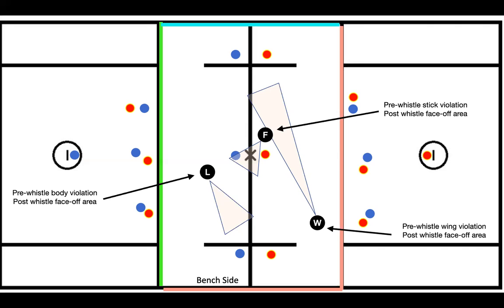The face-off official will have the far side of the field, the sideline. Lead left will have the restraining line on his side of the field. The wing will have his restraining line and the bench side sideline. Those are the line violation responsibilities for the three-man mechanic. You can read through the additions if you would like to.